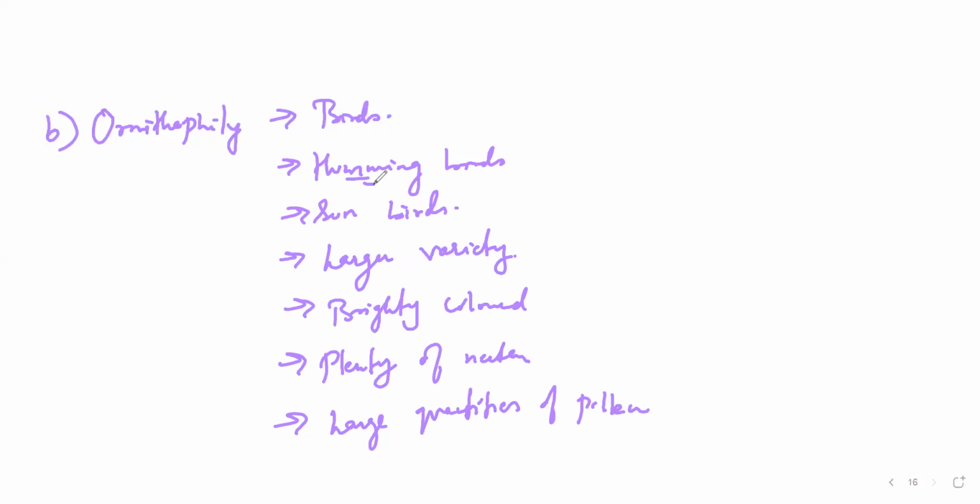During that time, when it is sucking the nectar, half of the body weight of the bird will be on the flower. Because of that, when the body is touching this particular flower, automatically the pollen grains will stick to the bird, and when it goes to the other flower, it sheds its pollen grains there. So same process, but there it is insect, here it is birds.